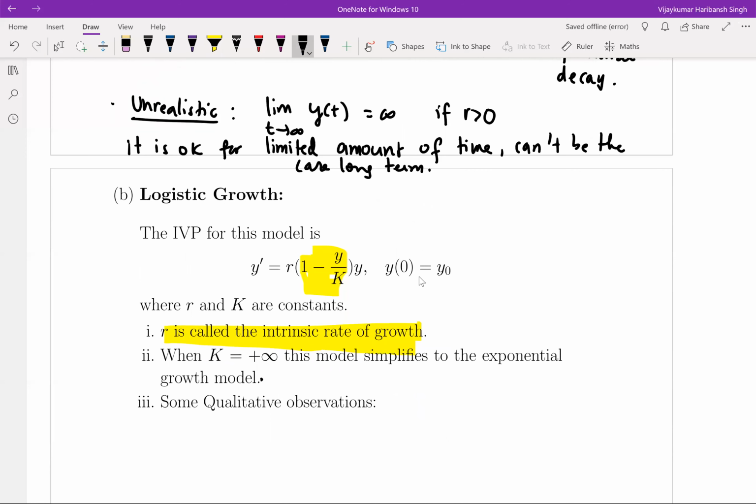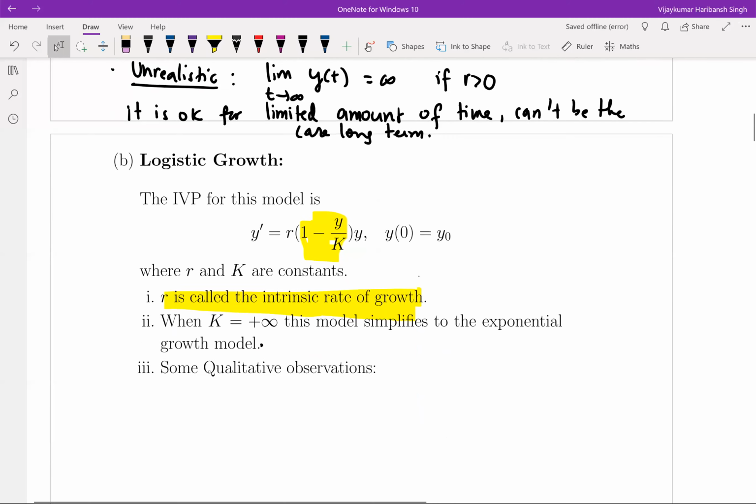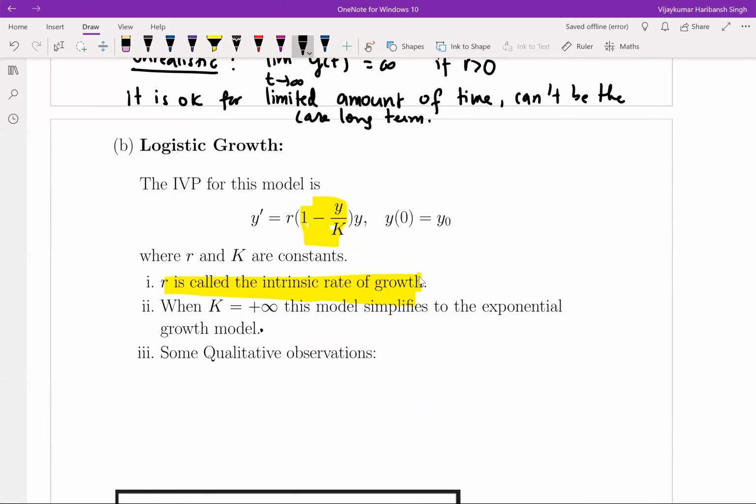Now let's try to understand some qualitative observations. Again, we won't solve it. We will try to understand qualitatively how the solutions look. So observation 1: if y is very small, then y over k will be almost 0.